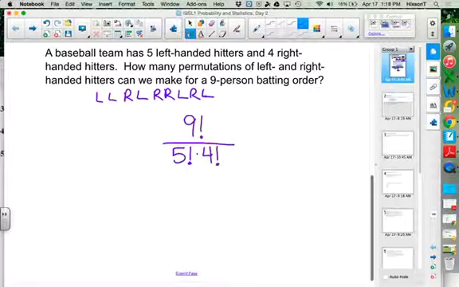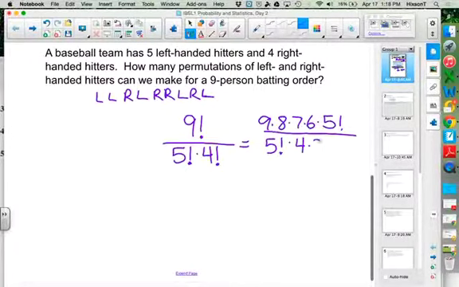Now, don't forget how to simplify. Remember to simplify, we can do 9 times 8 times 7 times 6 times 5 factorial. Here's a 5 factorial as well, and then 4, 3, 2, 1.